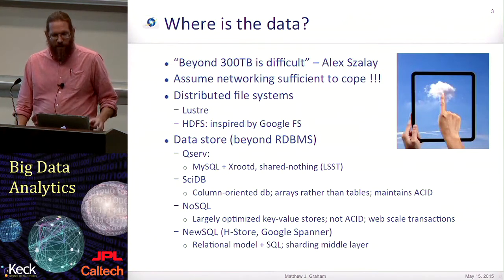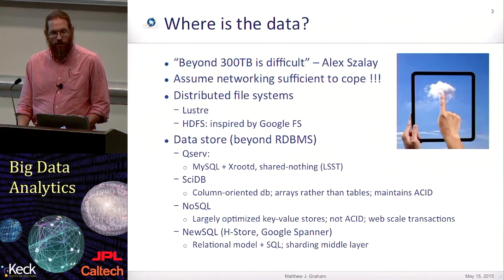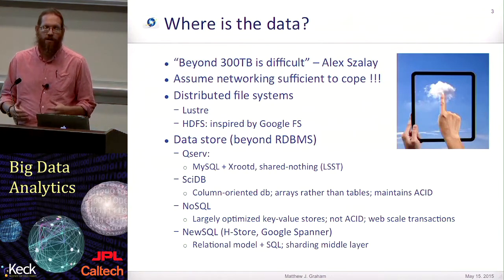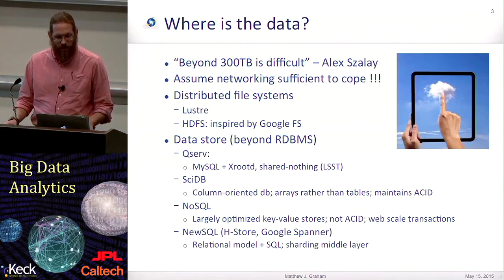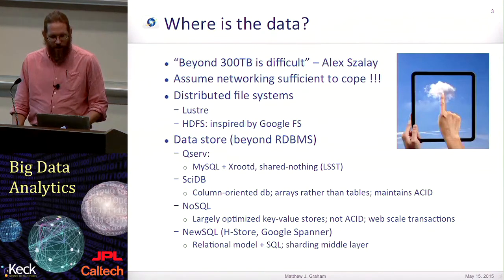As I said, there may be NoSQL options that you want to look at. These are very largely optimized key-value stores, so they're good for working with web scale transactions, but not necessarily with complex data objects. And then there are the so-called NewSQL data stores, things like H-Store, which we'll probably mention a bit more in a minute, and Google Spanner.